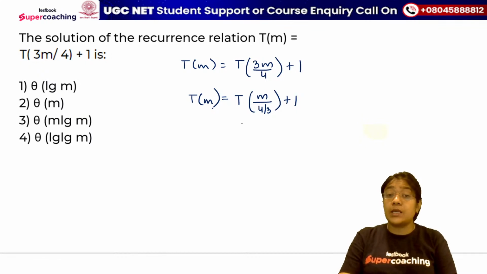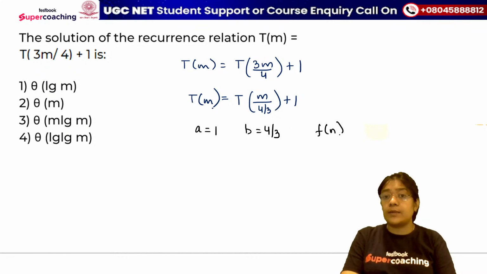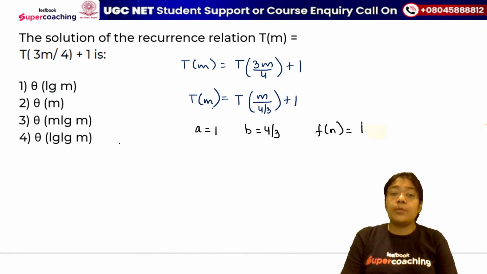Can we apply Master's theorem? Definitely yes, because here a is equal to 1, b is equal to 4 by 3, and f of n is nothing but some constant number 1. Master's theorem क्या बोलती है? A should be greater than or equal to 1 and B should be strictly greater than 1.